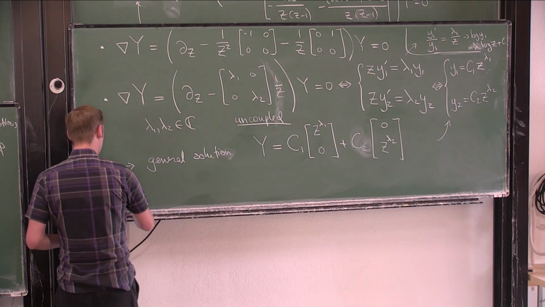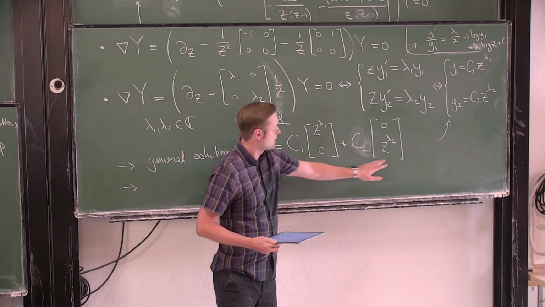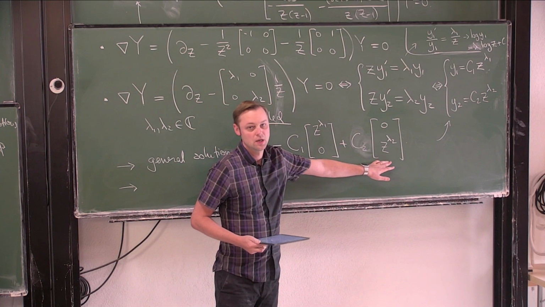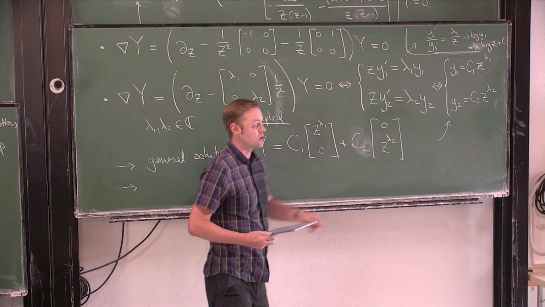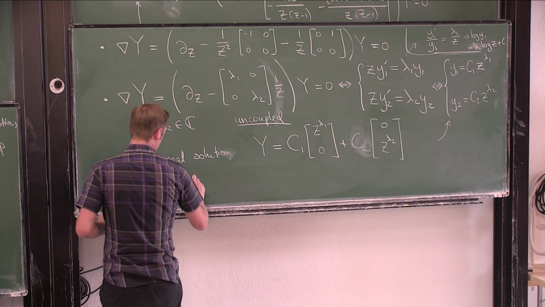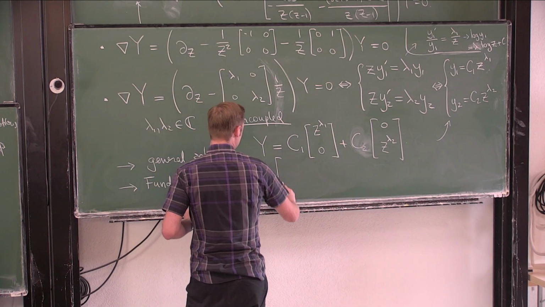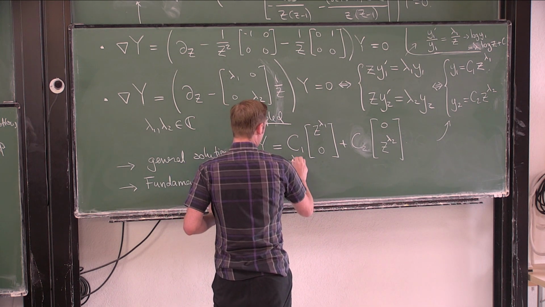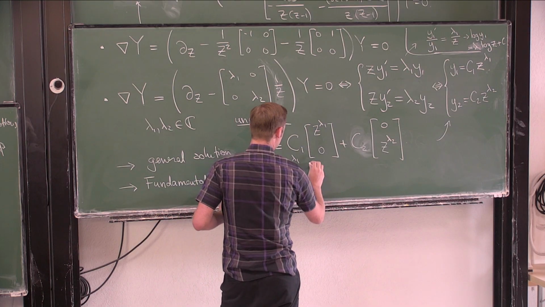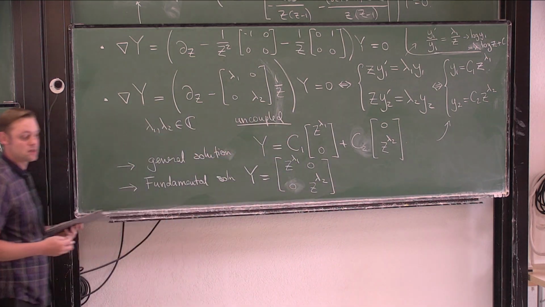What we ordinarily like to do is put together all the linearly independent solutions into a matrix, which we call a fundamental solution. So a fundamental solution is just a matrix of functions whose columns define a basis of solutions.